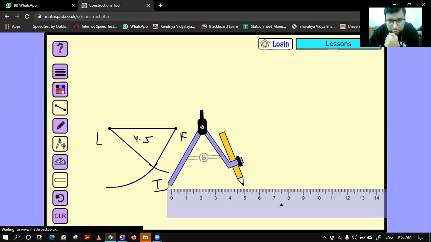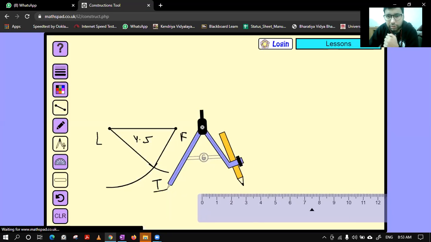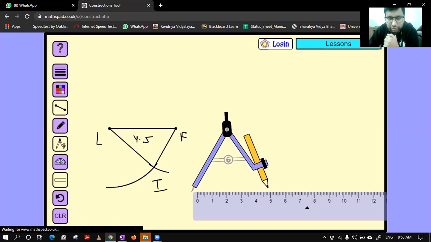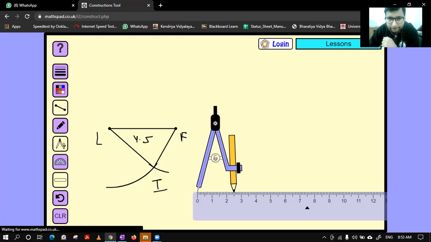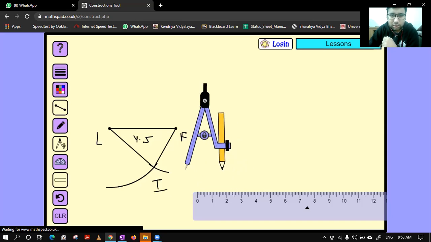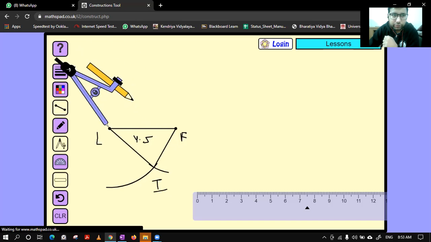Let me unlock this. Okay. Actually, this is a software thing that it reaches the written part on its own. 2.5. Let's lock it. So from L, let's take the arc of 2.5.